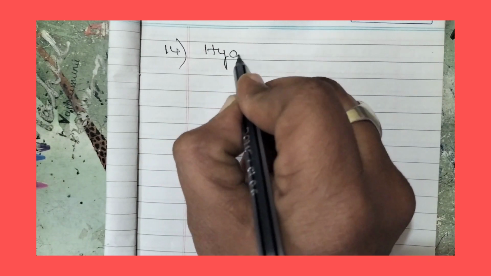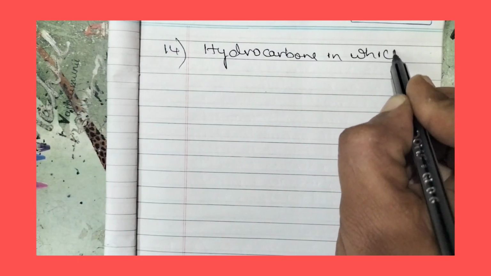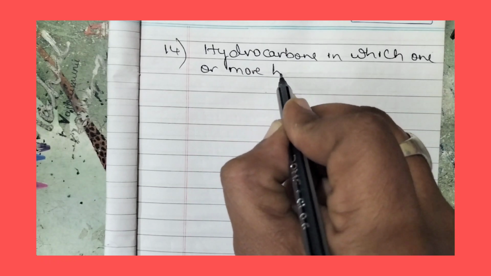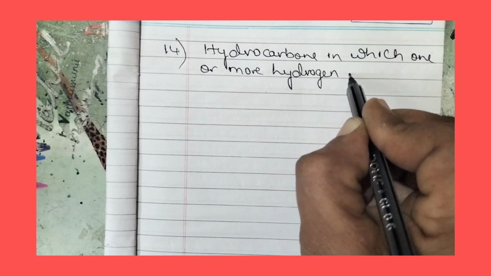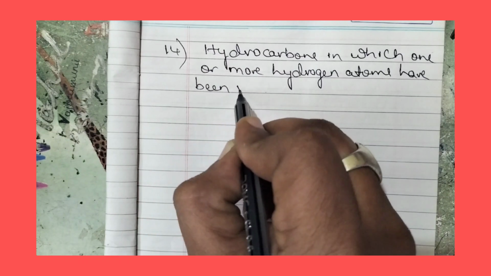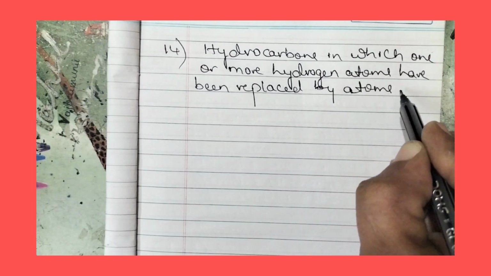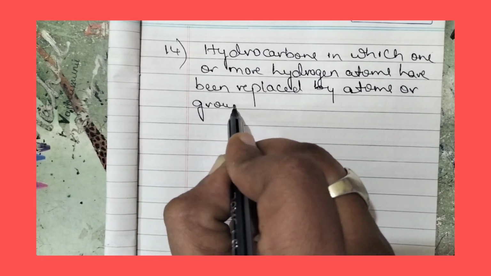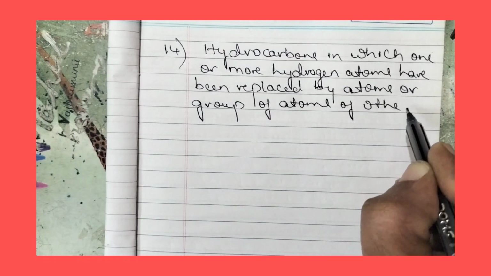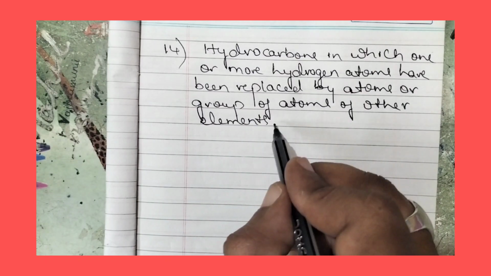Hydrocarbons in which one or more hydrogen atoms have been replaced by atoms or group of atoms of other elements are called functional groups.